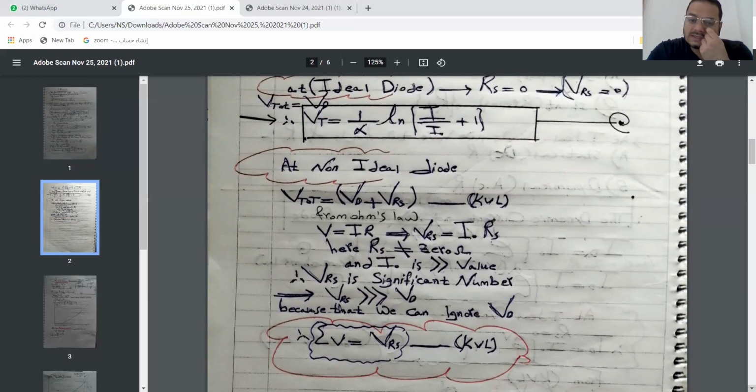Here Rs will not equal 0 anymore, and with the saturation current, VRS will have a huge result. By the way, we can ignore the Vd result, so V total equals just the series resistance voltage.